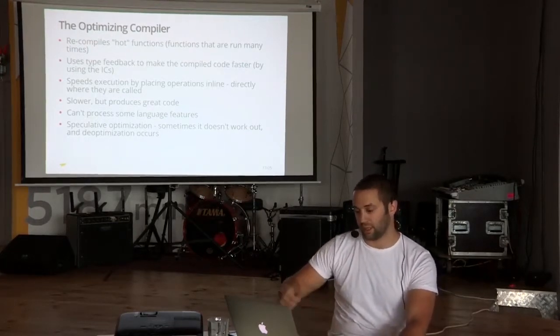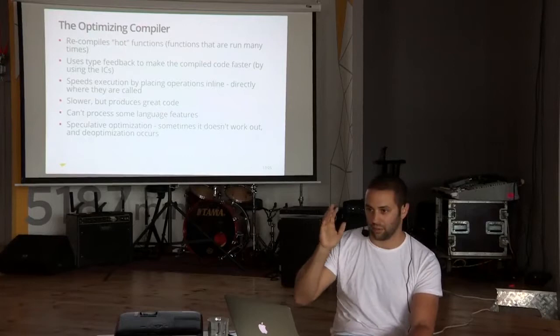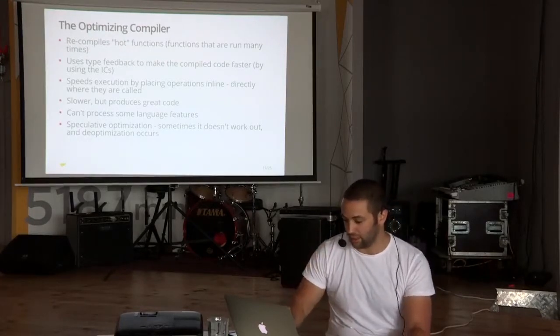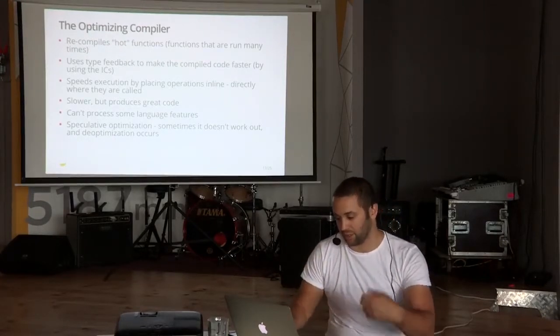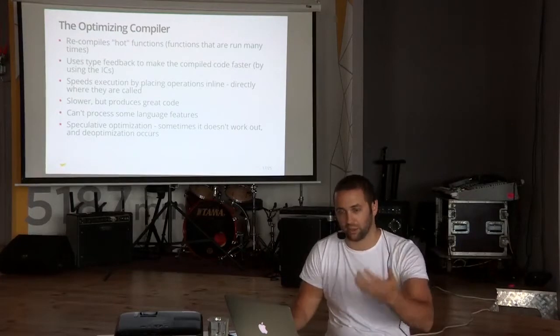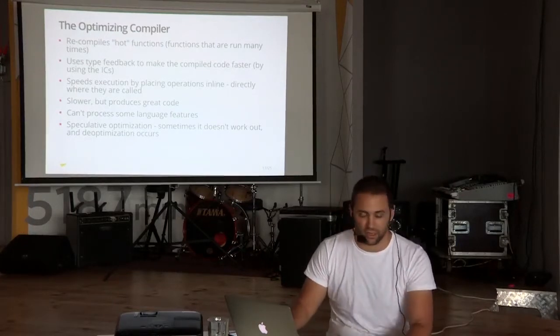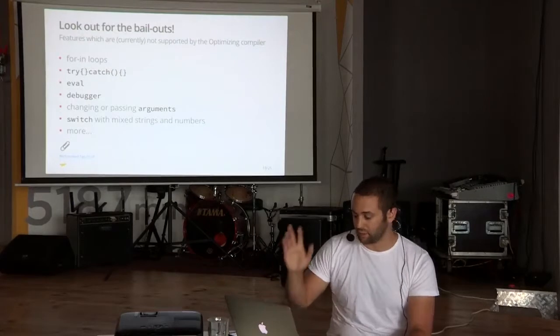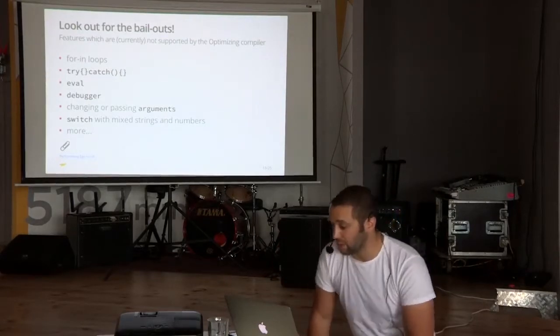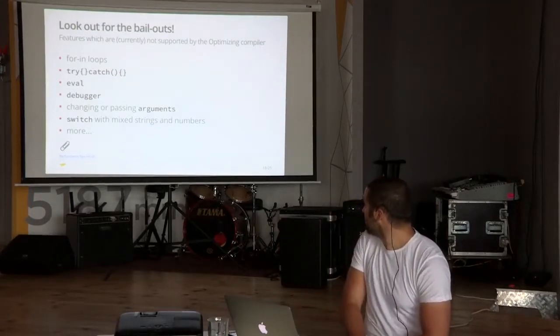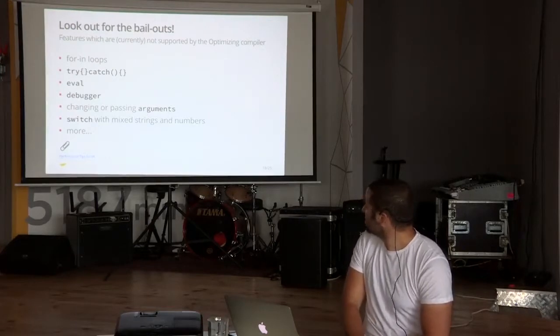So in that case, de-optimization occurs, and that takes time as well. So it's bad 2 times. One time it's bad because it's not optimized, and the other time it's bad because it was optimized and then de-optimized, and we're wasting the time. So here's a short list of bailouts. These are things that are currently not supported by this optimizing compiler.